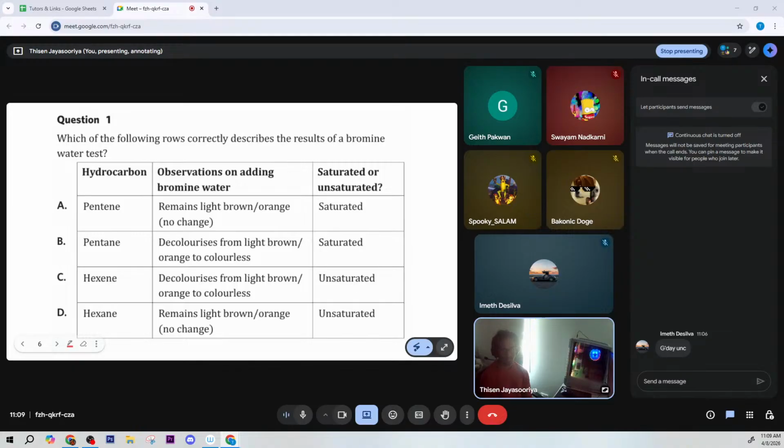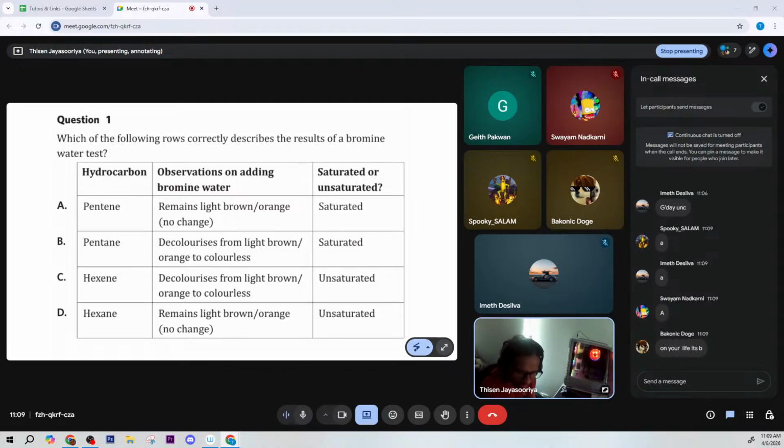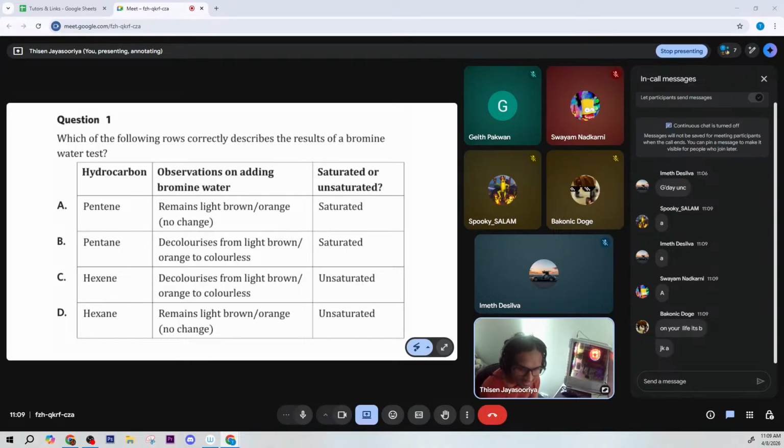Remember, what are we looking for in the bromine water test? So we've got Salam saying A. Emeth saying A. Anyone else? Any other answers? Joe, Swayan, Blessing. On your life, it's B.